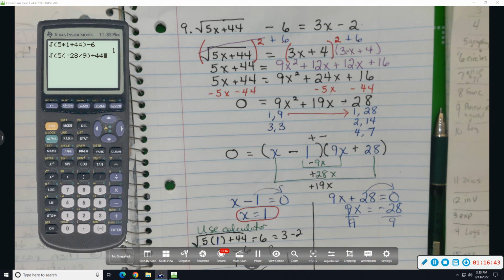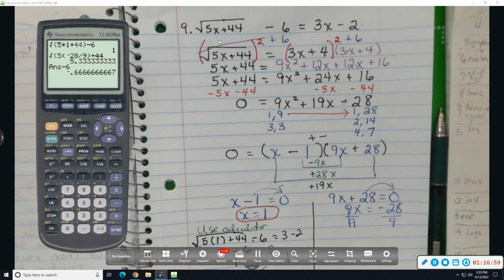I'm going to go ahead and say enter on that, and then subtract the 6. So I'll put negative 28 over 9 in place of this x.